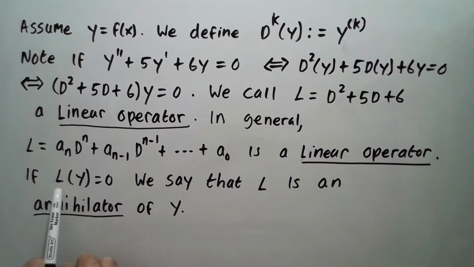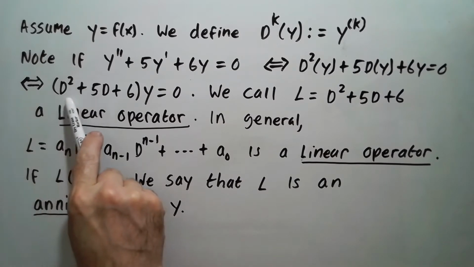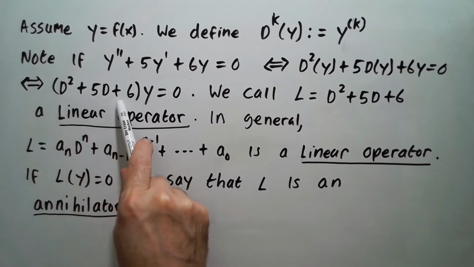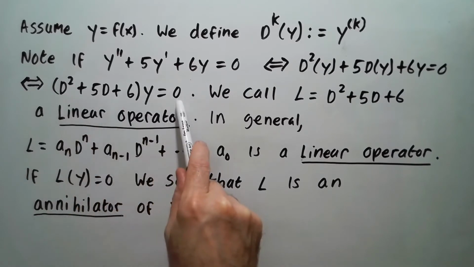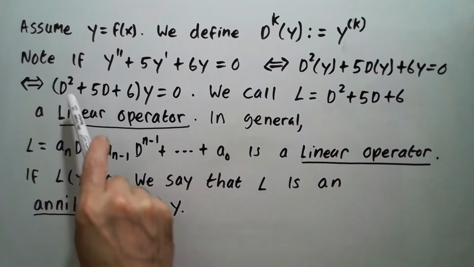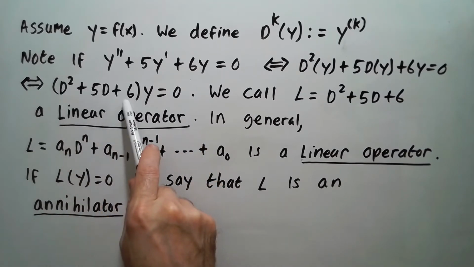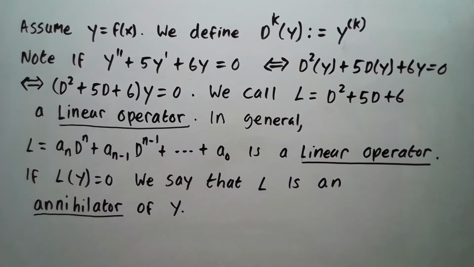If L of y is 0, where L is some linear operator, we say that L is an annihilator of y, or it annihilates y. If we look at the example up here, the D squared plus 5D plus 6 annihilated y because it equals 0. So D squared plus 5D plus 6 would be an annihilator of y.